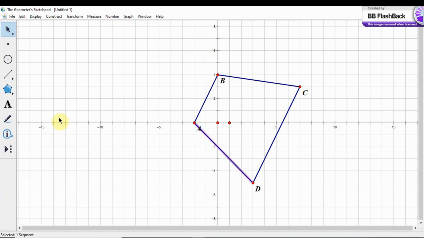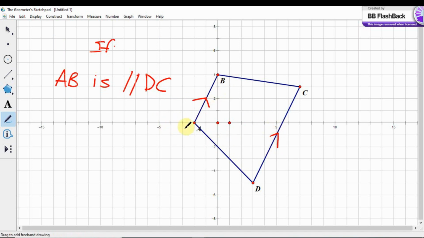This is the trapezium. Now, how would you go about showing that this is a trapezium? This is a trapezium if AB is parallel to DC. That's the first thing. A trapezium has a pair of parallel sides, so this side must be parallel to this side.